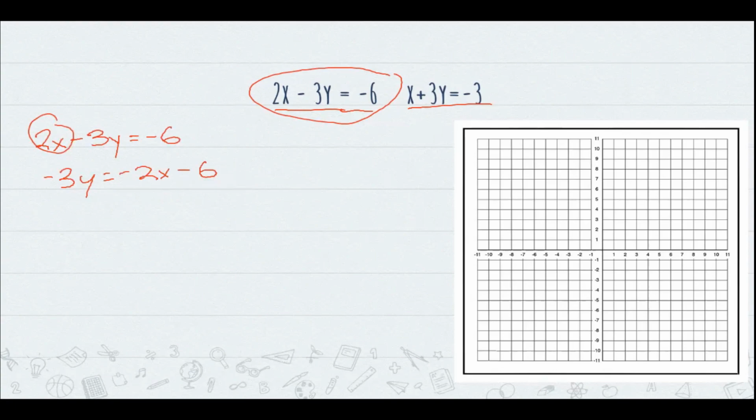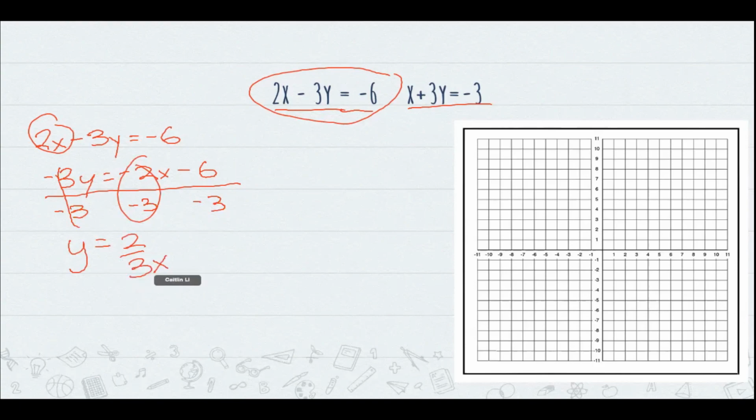And now we have to divide on both sides by -3 for all of our numbers. So we can have y on one side alone, and the rest of this would be turned into a positive because two negatives divided together would be turned into a positive.